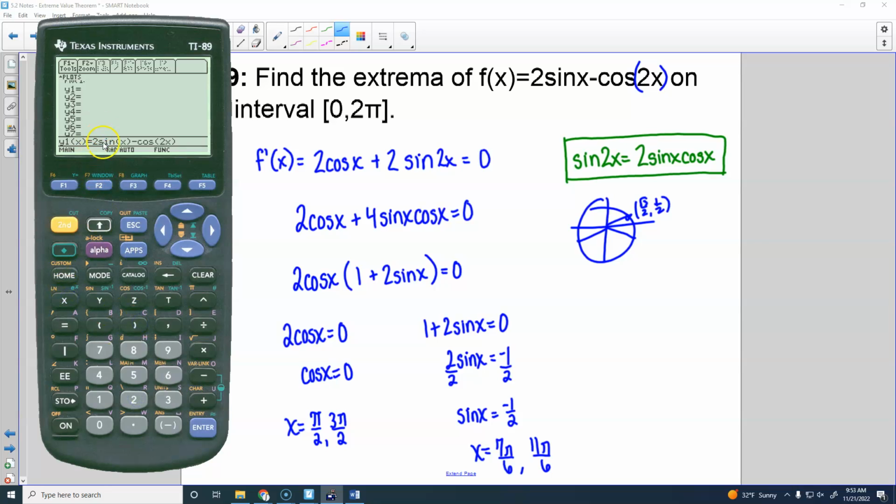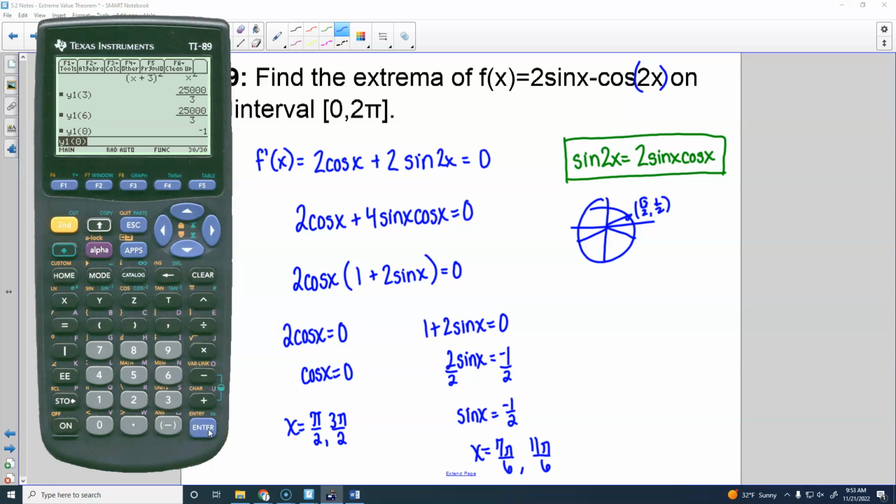So I'm going to put 2 sine x minus cosine 2x into my calculator right here. I'm putting it into y equals because this is going to make it super fast for me to find the answers here. If I put this into y equals and go back to my main screen, instead of having to type in the whole equation, I can type in y1 of 0.